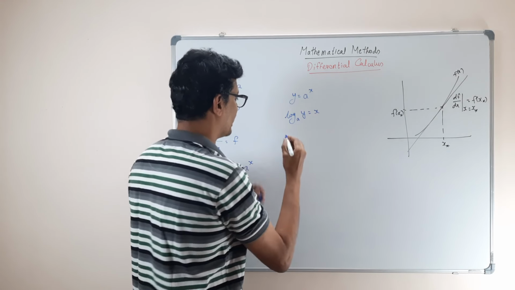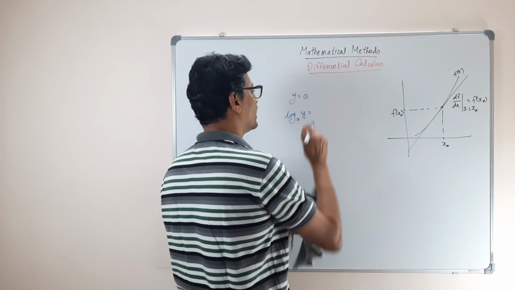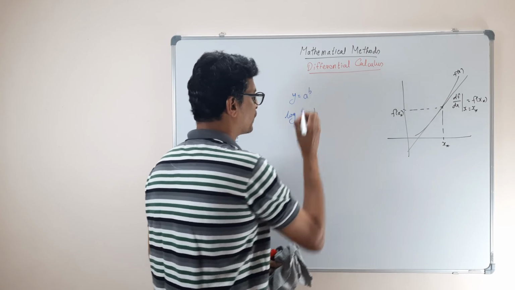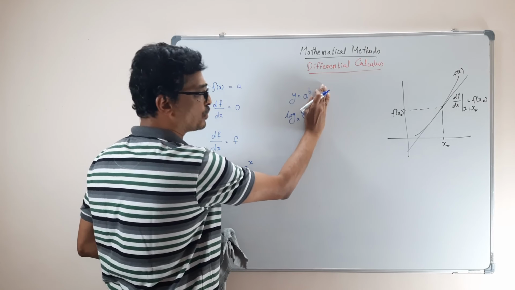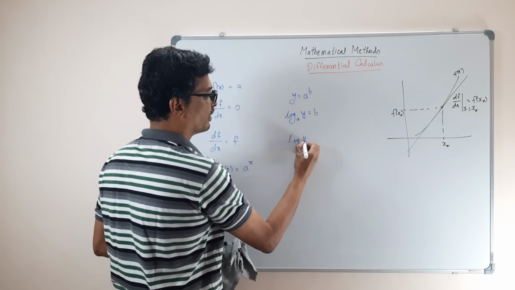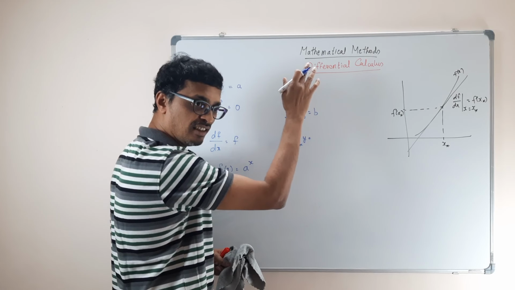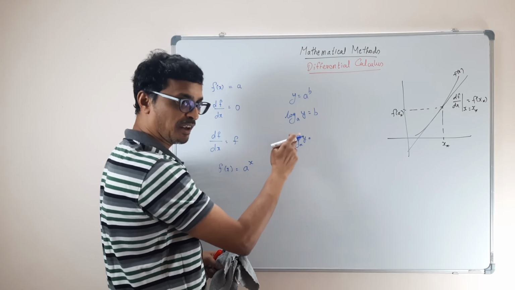Or you can write it like, in the maths class we write it as b, I think. Correct? a power b. So when I ask you log base a of y, it tells you what should be the power of a so that you get the answer y.